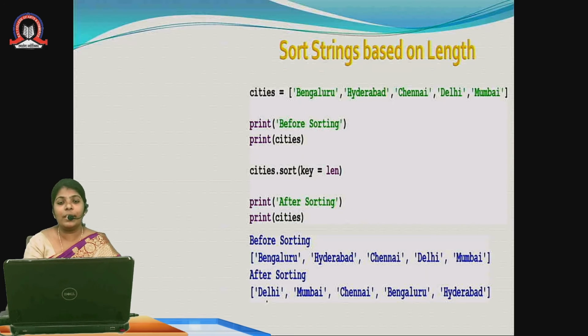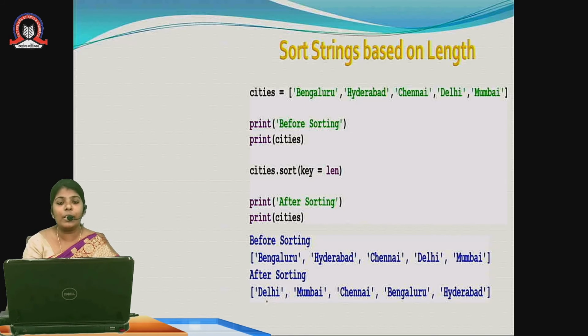Now you can see sorting strings based on the length. Here the city names are Bangalore, Hyderabad, Chennai, Delhi, Mumbai. This is the string data type, and we are going to sort based on the length.